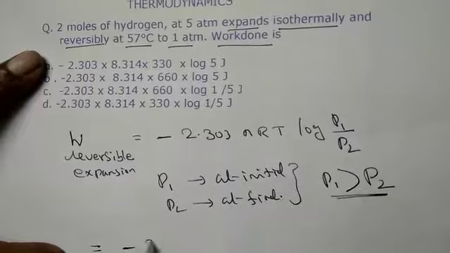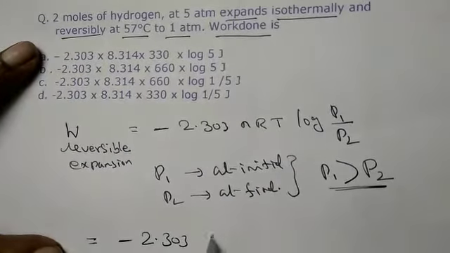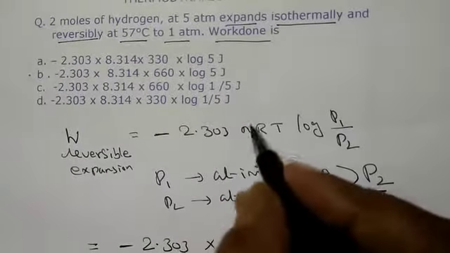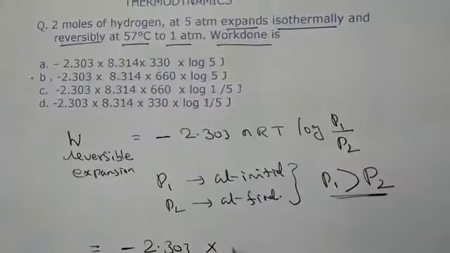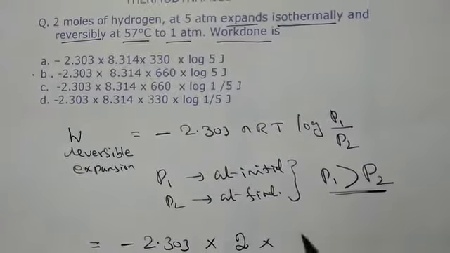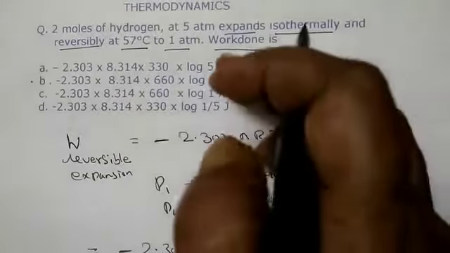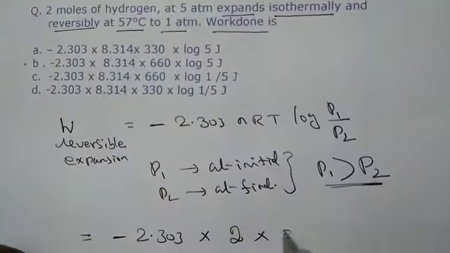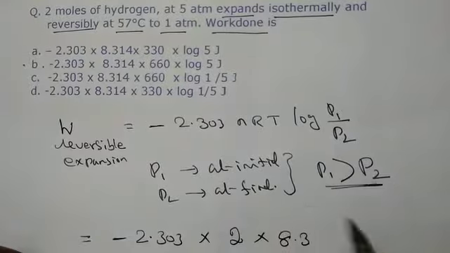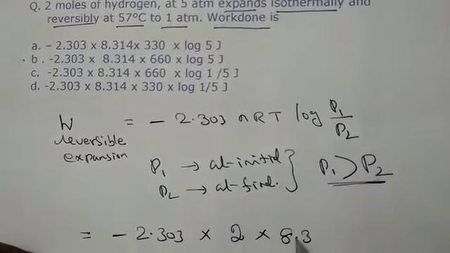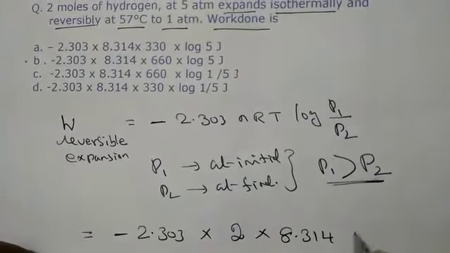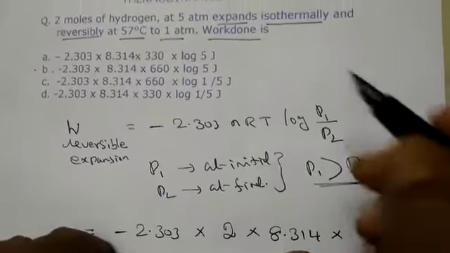So minus 2.303 into n, the number of moles. You are having 2 moles of hydrogen, into R. The options are available in terms of joules, so the value of R in terms of joule is 8.314, into temperature.